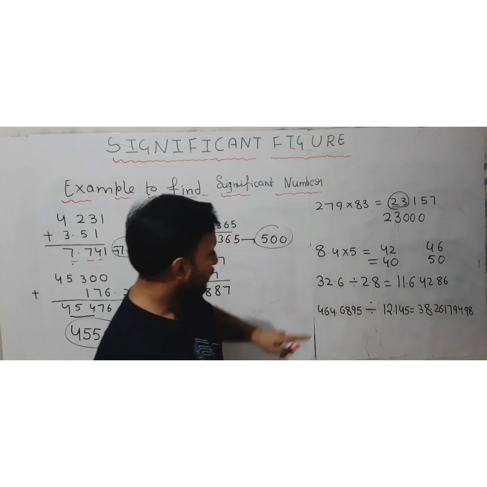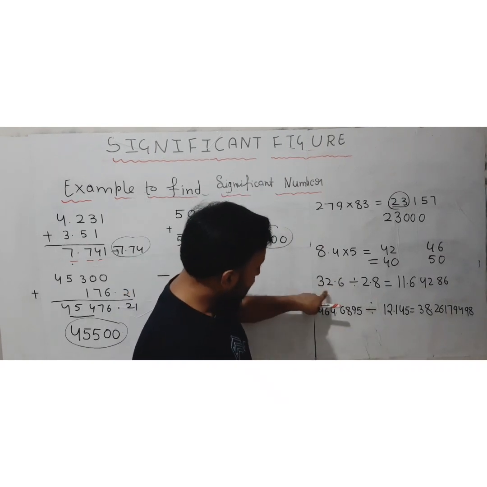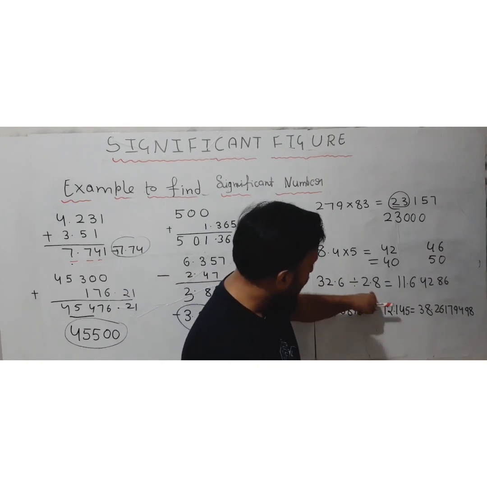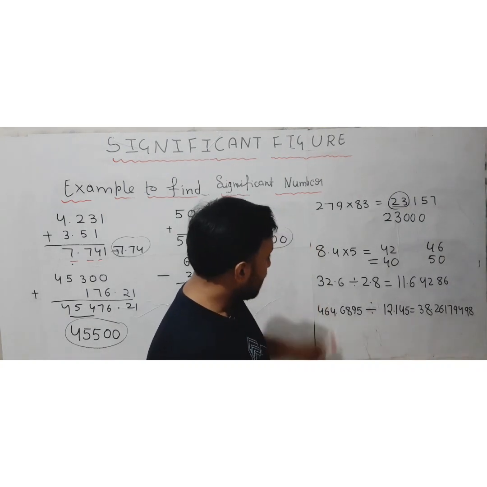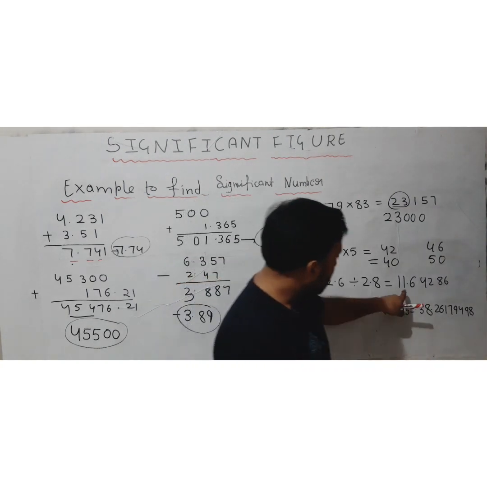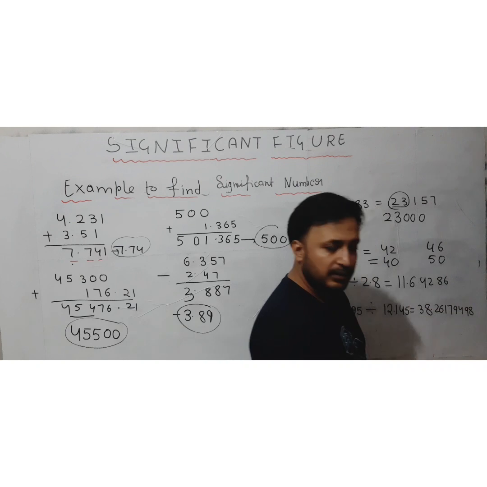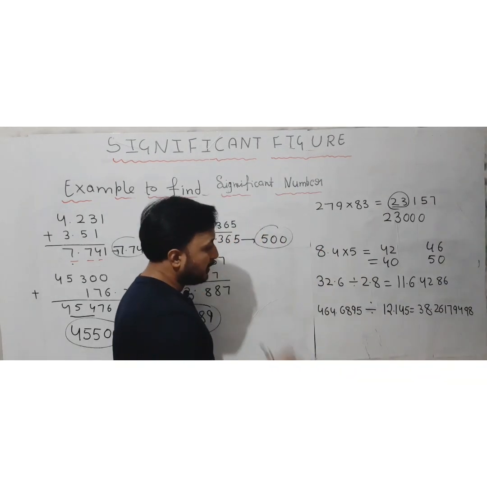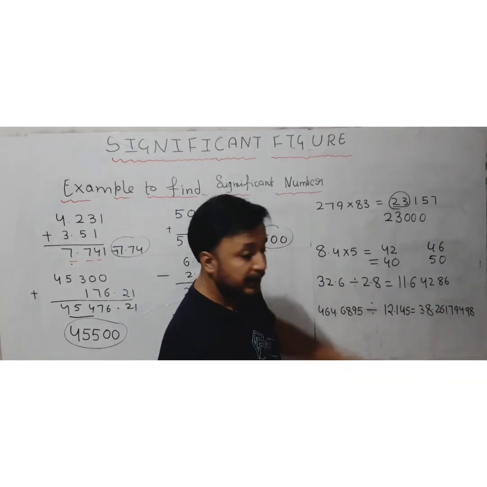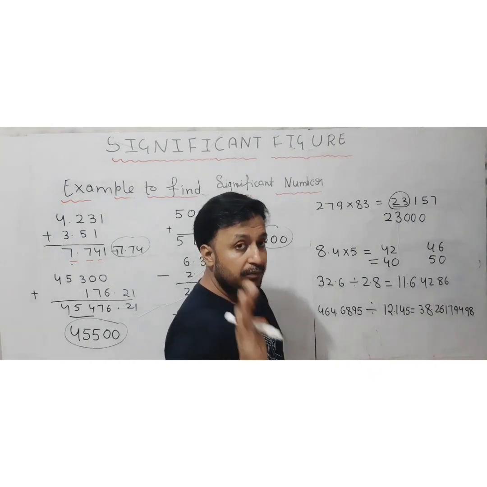Now one more example, that is of division. 32.6 is divided by 2.8. When you divide this value, you will find 11.64286. Now the important thing is that here 2.8 is having the minimum significant value.